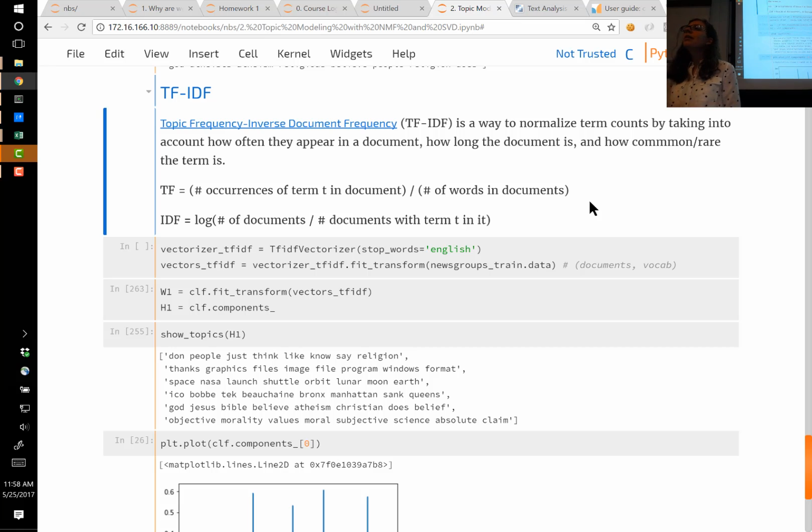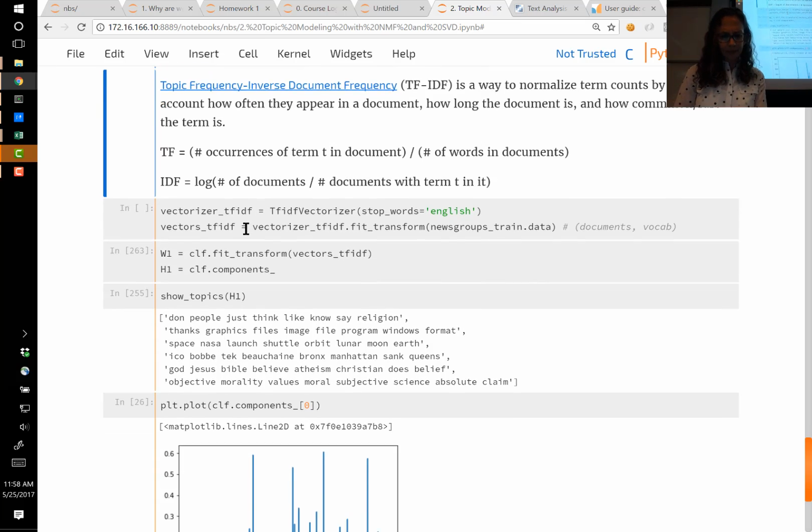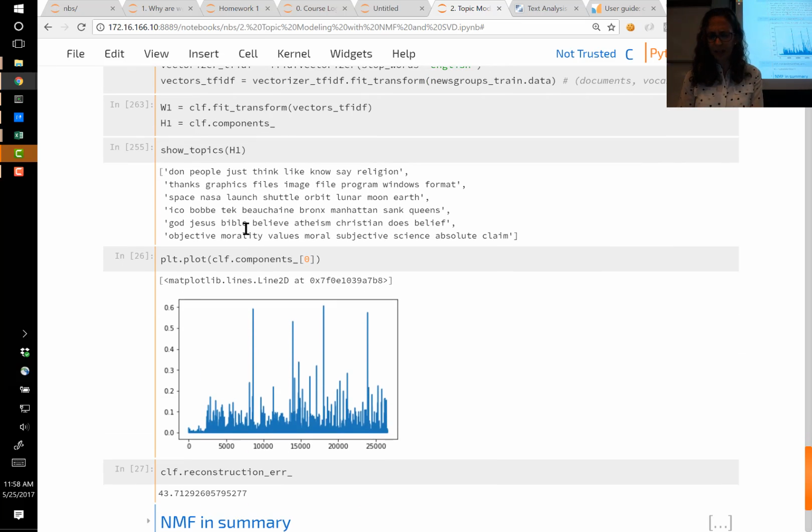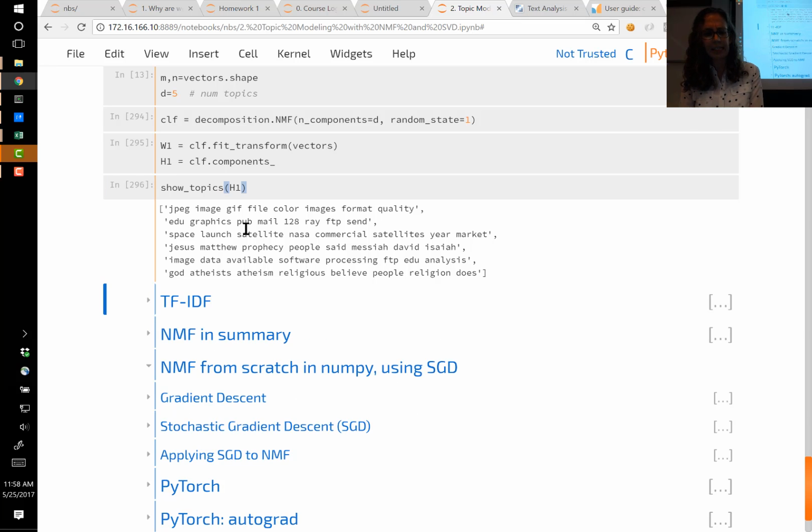So if a document is super long, we're giving relatively less weight, as opposed to before where we would have just had a lot of high frequencies showing up. And then the idf term takes the log of the number of documents divided by the number of documents with the term t in it, and that's a measure of how common or rare a word is. So if a word only shows up in very few documents, it's pretty rare and probably has more significance. We won't go too much into this, but I wanted to let you know that it exists.